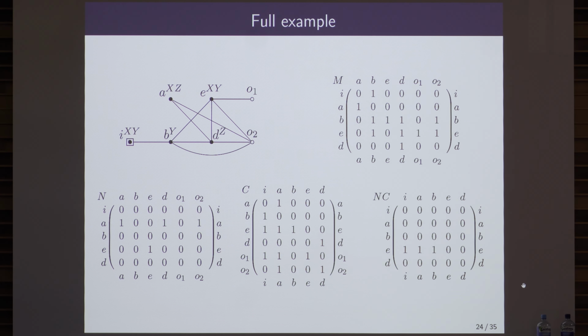We saw all of those matrices except for the product NC. The product NC here would give us the way of regaining the information that I must be measured before E, A must be measured before E, and B must be measured before E, because that's where we would get ones in the matrix. So this is just a matrix visualization of the conditions for deterministic computation on labeled open graphs.